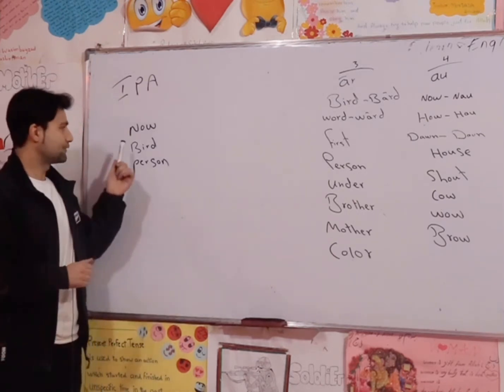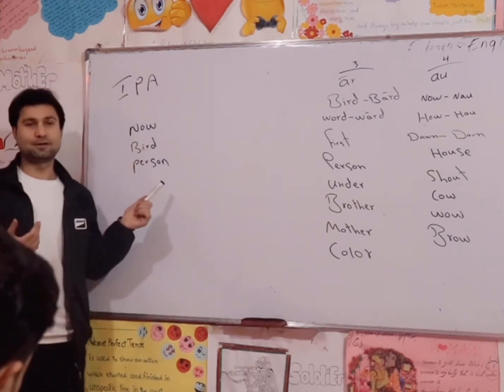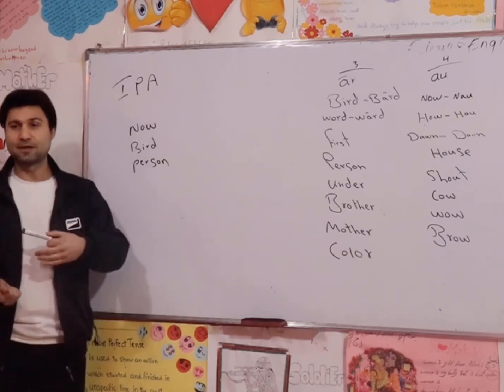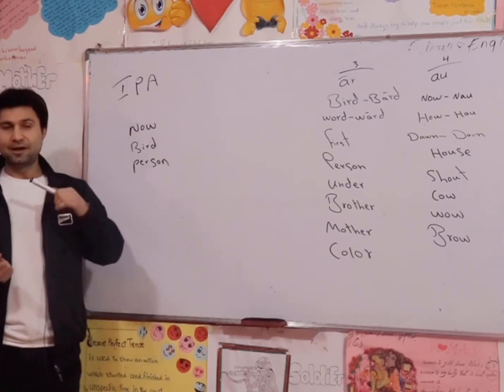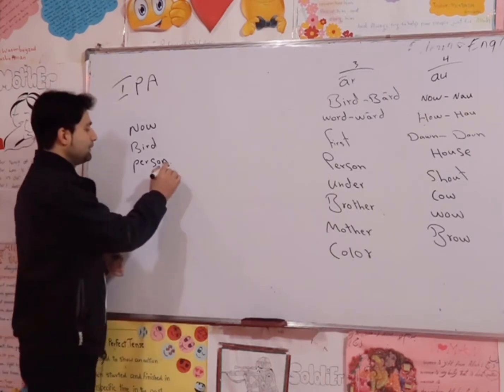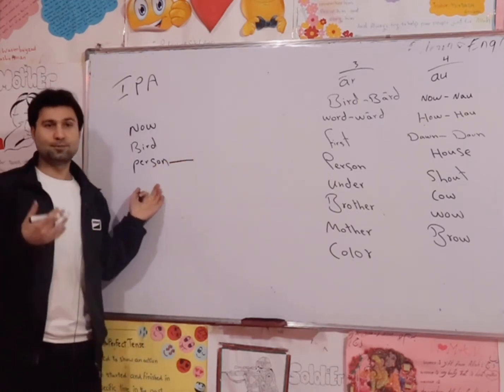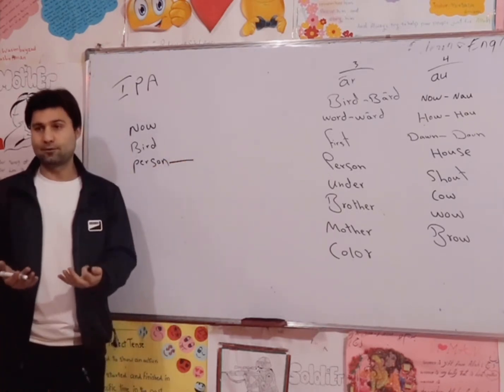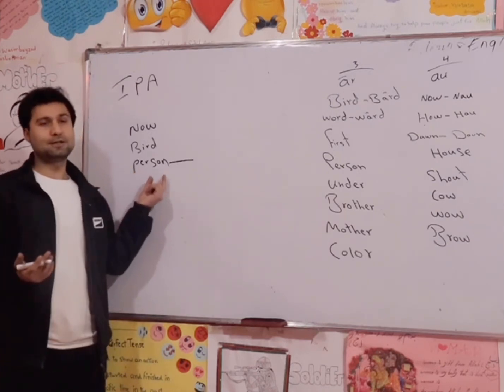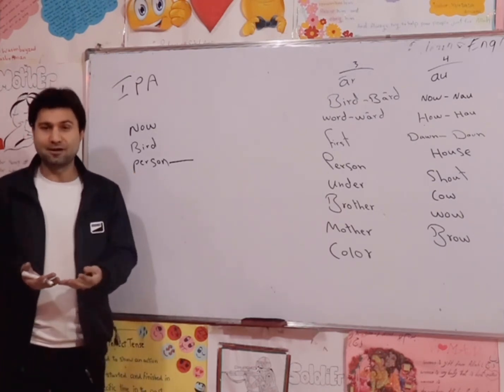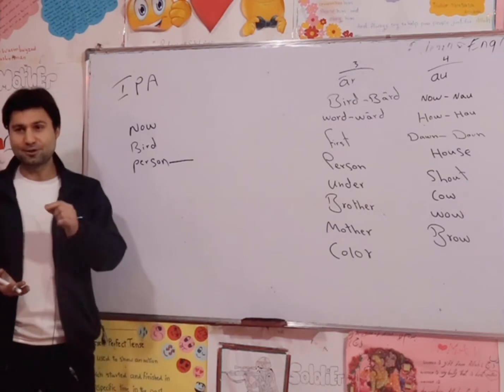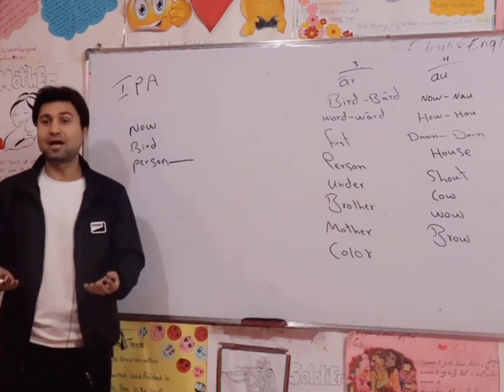We write, for example, now, bird or person, and find out the meaning. In the dictionary, you will find the meaning of person both in English and in your own language. You will find person means a human being, and also shakhs.